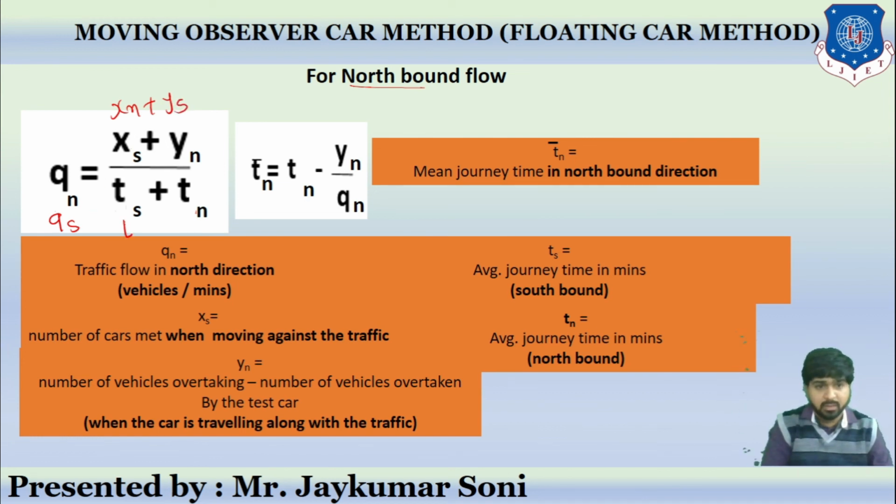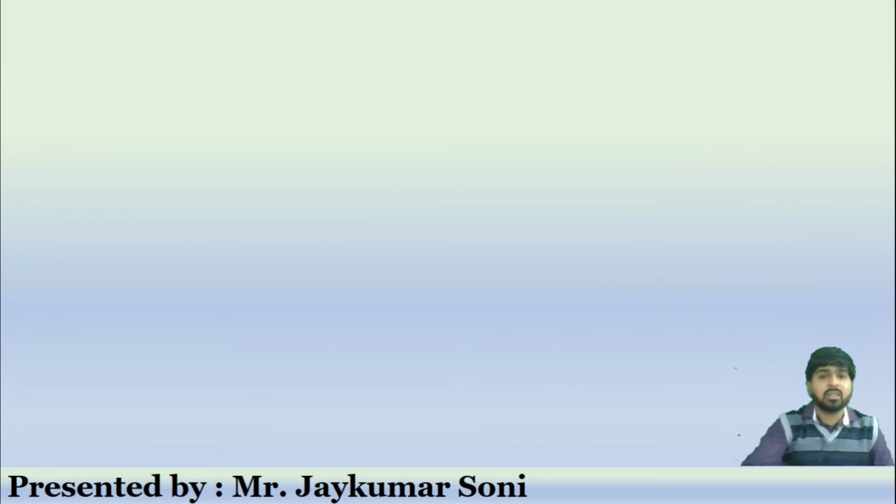This will be tn and this will be ts. This will be ts bar, this will be ts, this is ys, this is qs. So this is how you can calculate the values for the south.